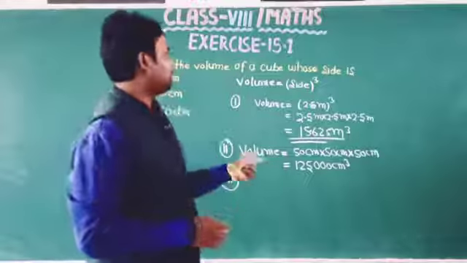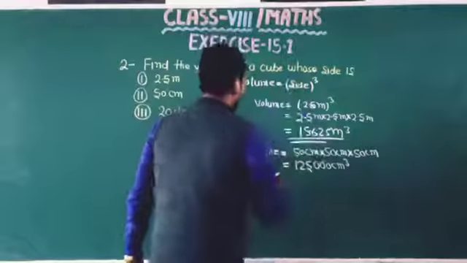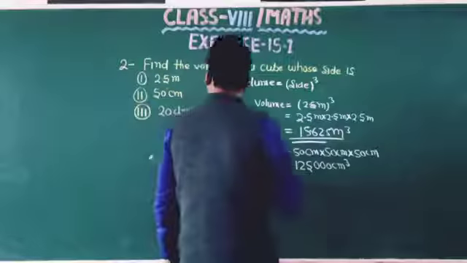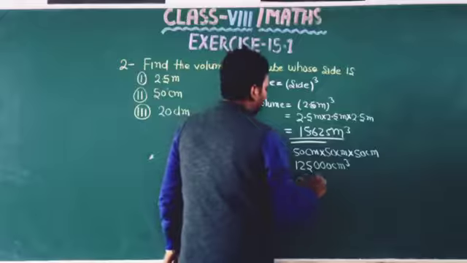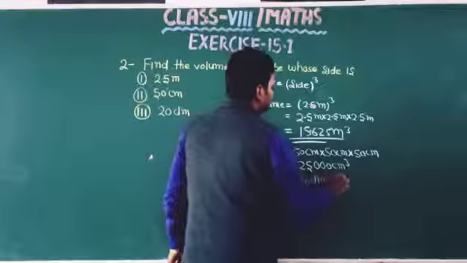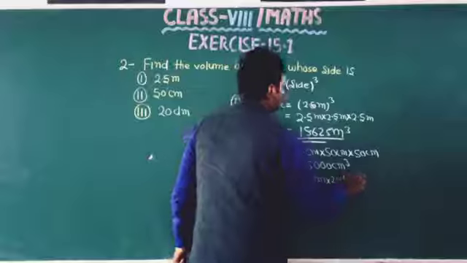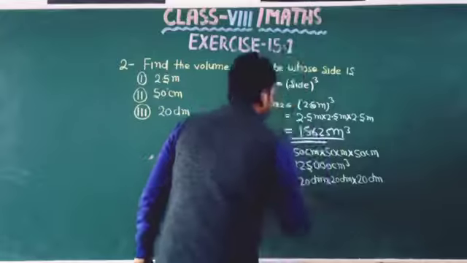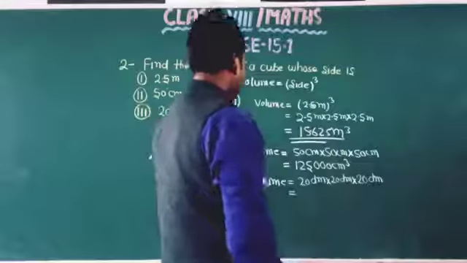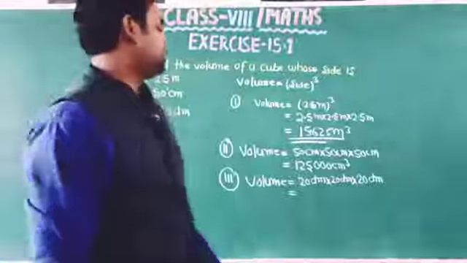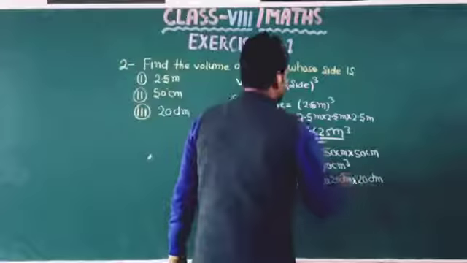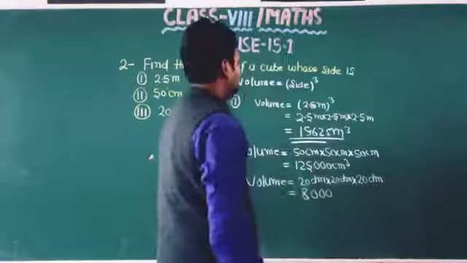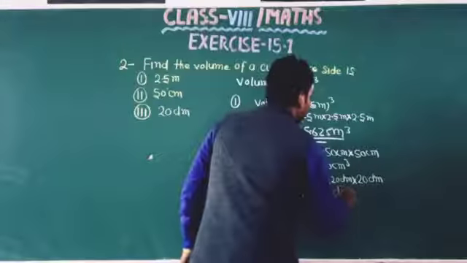So therefore the volume of cube would be equal to 20 decimeter cubed, which is 8,000 decimeter cube.